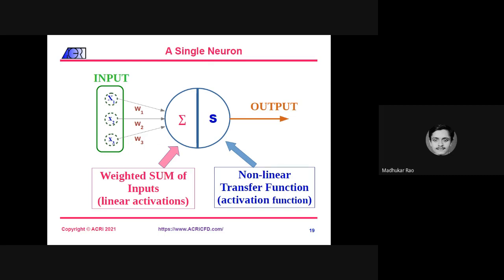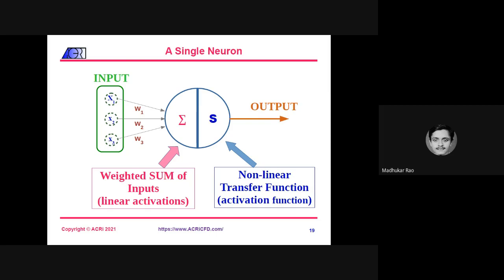Reading the model from left to right, you have a collection of inputs to your neuron, x1, x2, x3, and so on up to xn. These inputs are multiplied by their respective weights, w1, w2, w3, and so on, and they are all summed up, which is the meaning of that capital sigma symbol there. It's a weighted sum of inputs.